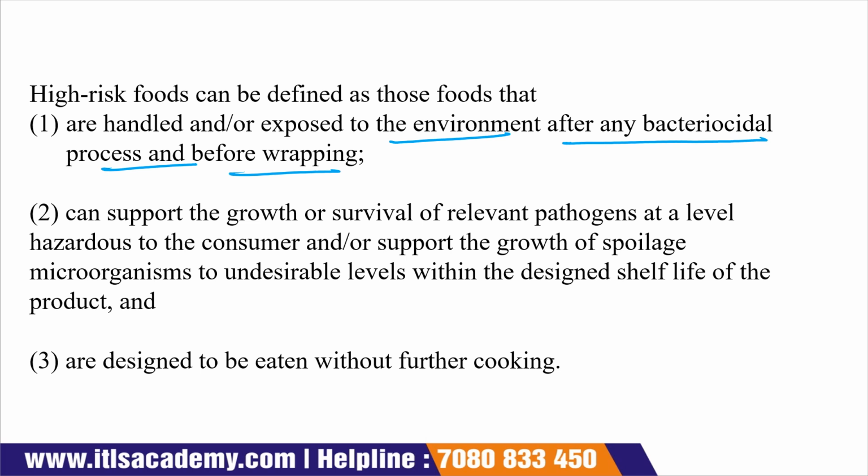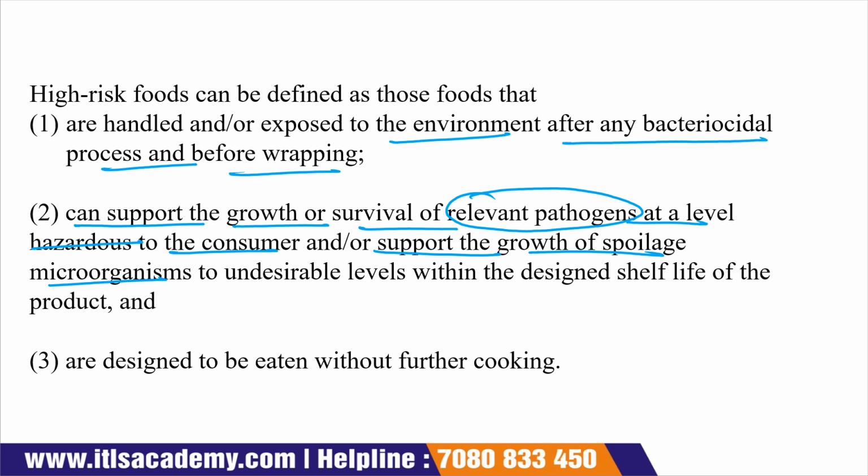High risk foods are also defined as those foods which can support the growth or survival of the relevant pathogens at a level hazardous to the consumer and also support the growth of spoilage microorganisms. We all know that there are two types of microorganism. One is your pathogen and another one is your spoilage.